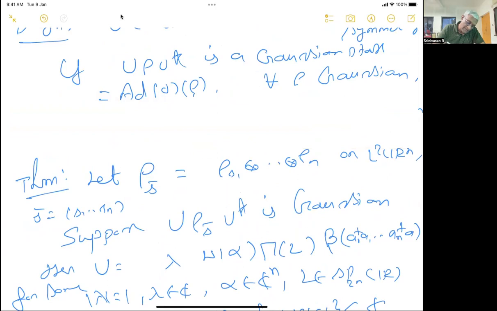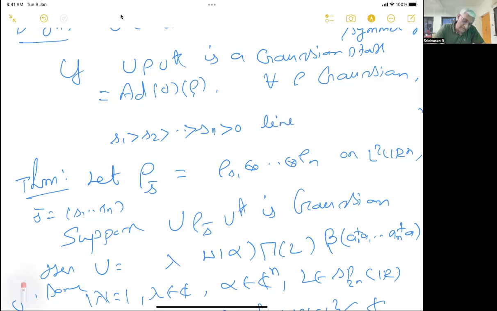So let S1 greater than S2 greater than up to Sn, greater than 0. It starts from 0. And they are linearly independent.